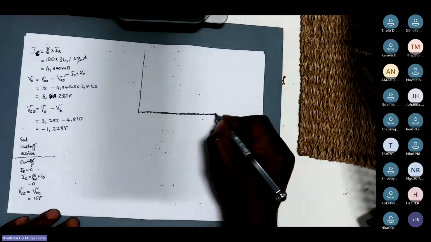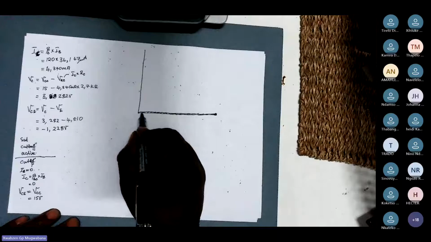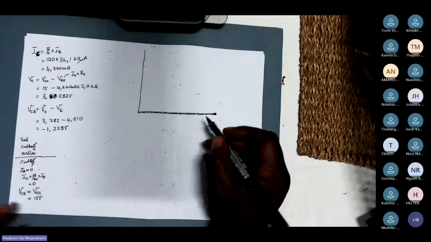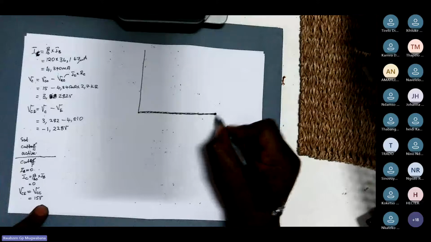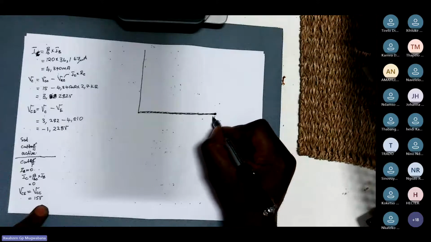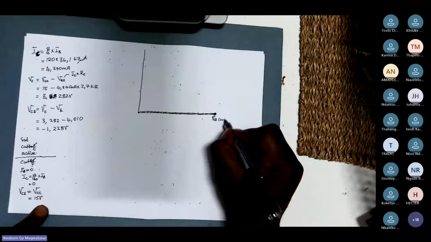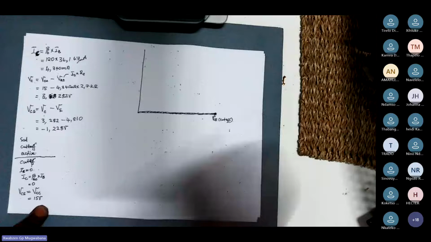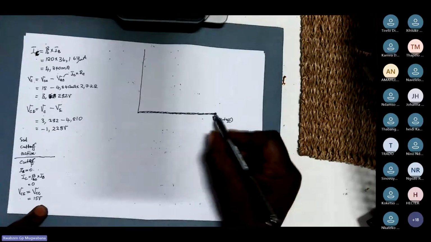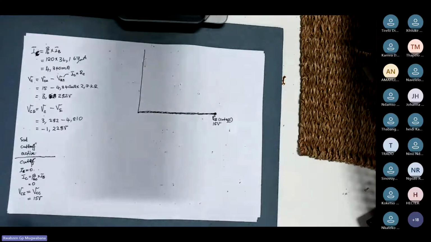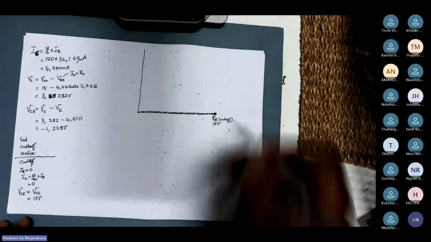At this point here, when your IB is 0, then your IC will also be 0. If your IC is 0, which means your VCE is equal to your VCC, which means it is going to be your VCE at cutoff, and your VCC at cutoff, which means it's going to be 15 volts. Are we together on that part?